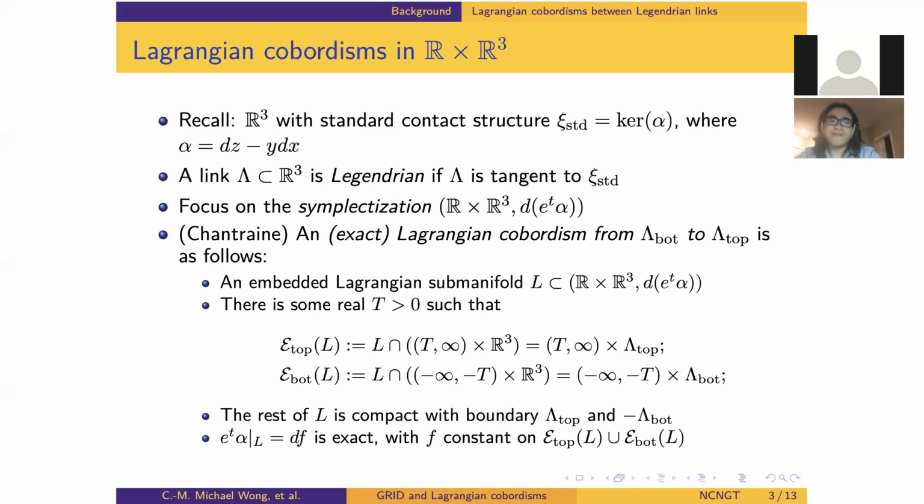So it is df with some function f constant on the two ends, a technical condition. Somehow the right notion of cobordism between Legendrian links is really exact Lagrangian cobordism. So we'll always assume things to be exact.